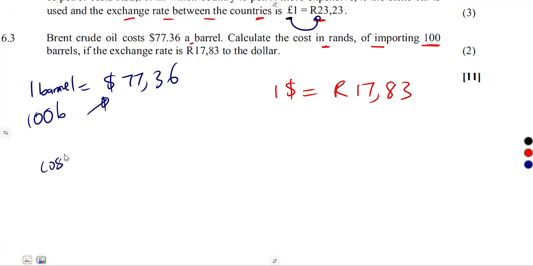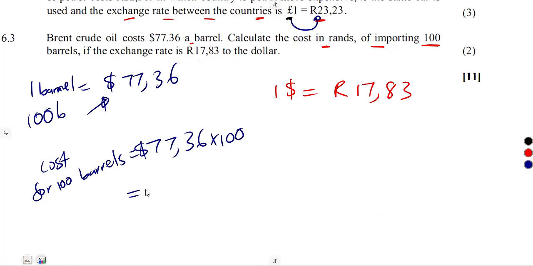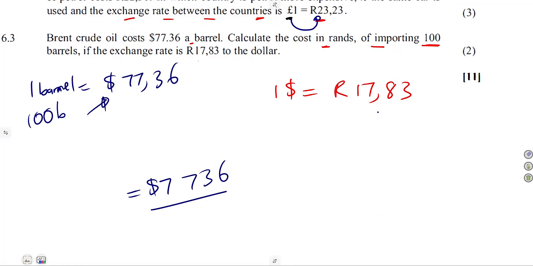So the total cost for 100 barrels was going to be 77.36 times 100, which gives us a total of $7,736. Then we can convert this to rands, as we have the conversion that $1 is this. So what about 7,736? It is equivalent to what?